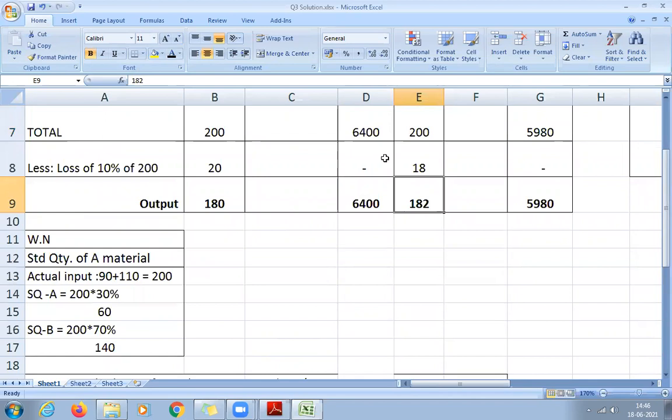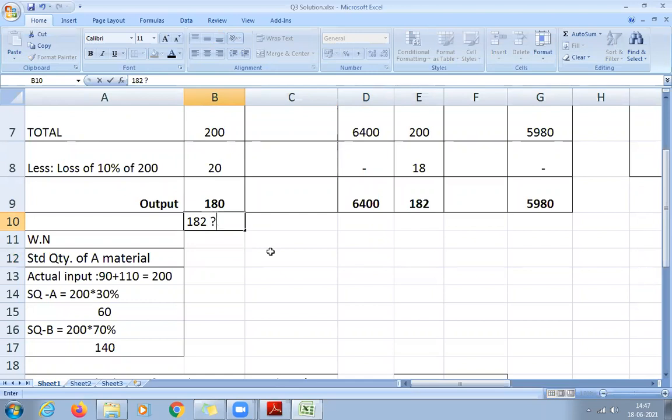Standard output is 180, but actual we got is 182. So we have to calculate the standard quantity for actual output. If it is 6,400 for 180, how much is it for 182?